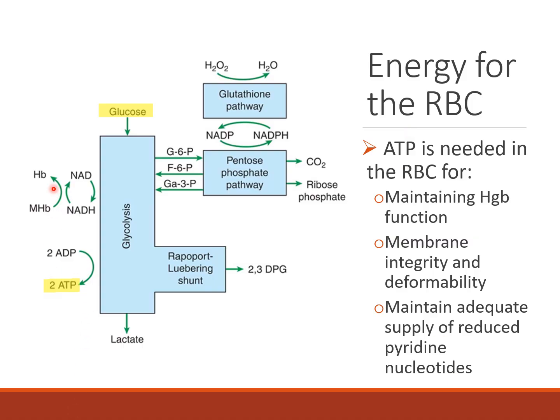So again, we've got glycolysis, the Rapoport-Luebering shunt, the glutathione pathway, and the hexose monophosphate shunt pathway, which is the same as the pentose phosphate pathway, and here is a reduction reaction that must occur for everything here to occur.